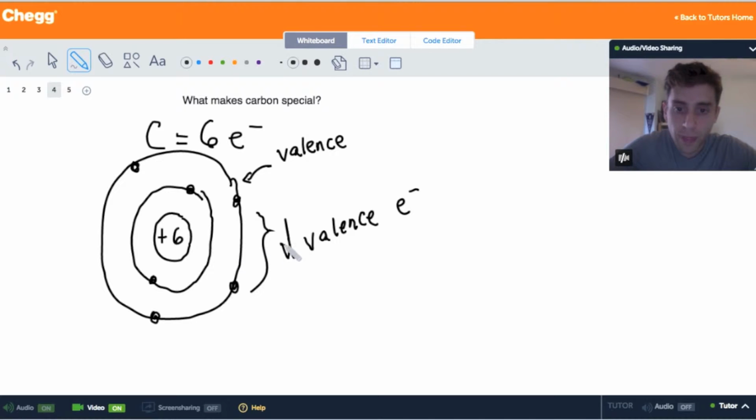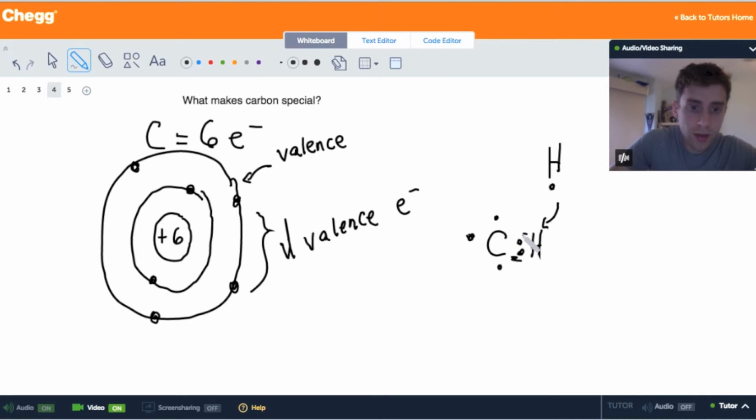So we can draw the Lewis structure for carbon with its 4 valence electrons, and since every bond consists of 2 electrons, you can see that you have the availability of 4 potential bonds. So let's say we have hydrogen with 1 electron. It comes in and bonds here to form 1 bond, 2 electrons that are being shared in a covalent bond.